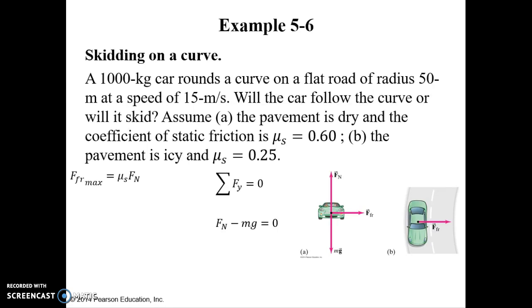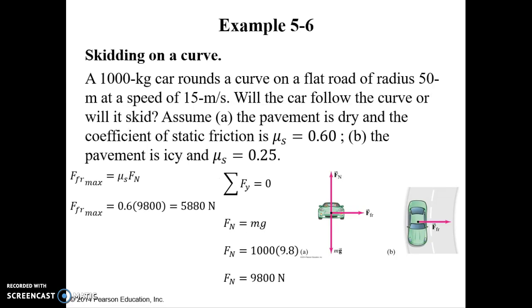We write down all our force vectors in the y direction. Solve for the normal force. Plug and chug, and we get 98,000 newtons. Now we can plug and chug to solve for the maximum static friction, which is 5,880 newtons.